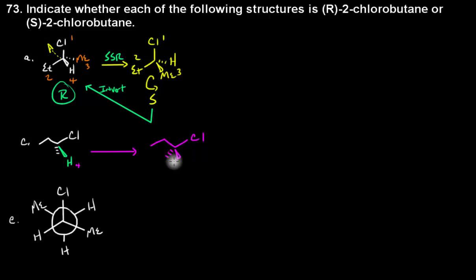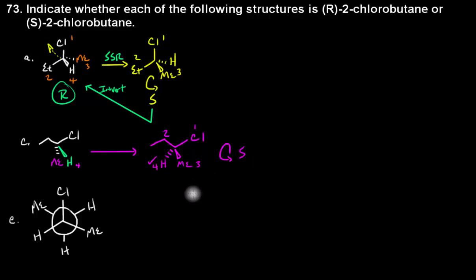In this case, all we're doing is switching this methyl right here with this hydrogen. So hydrogen is now facing away from you, methyl's facing towards you. And again, this is going to be the first priority, second priority because it's ethyl, and then third priority because this is methyl. Fourth priority is facing away from us, so that's fantastic. So now it looks like this molecule is going in counterclockwise fashion, and that's going to be S.